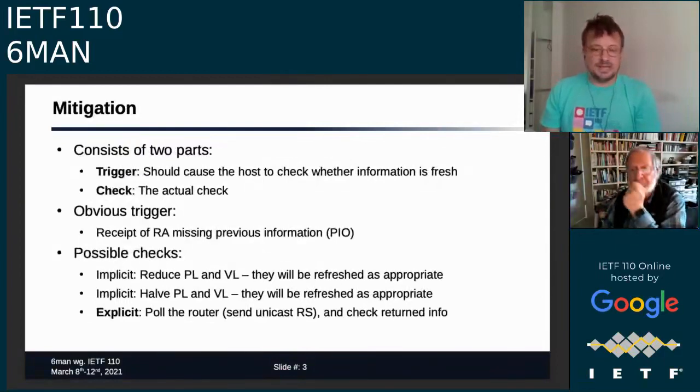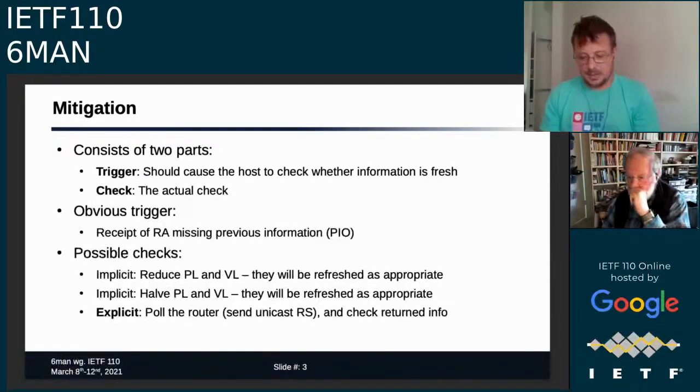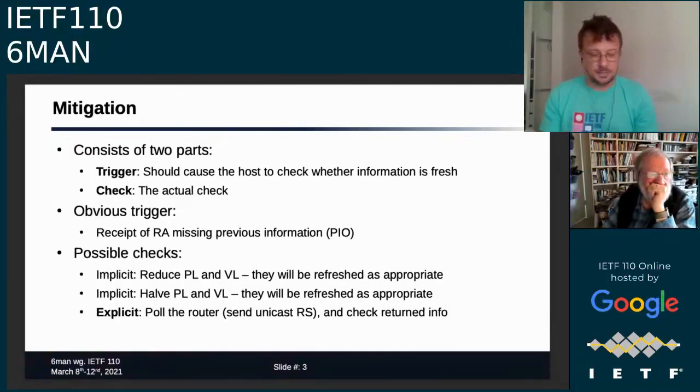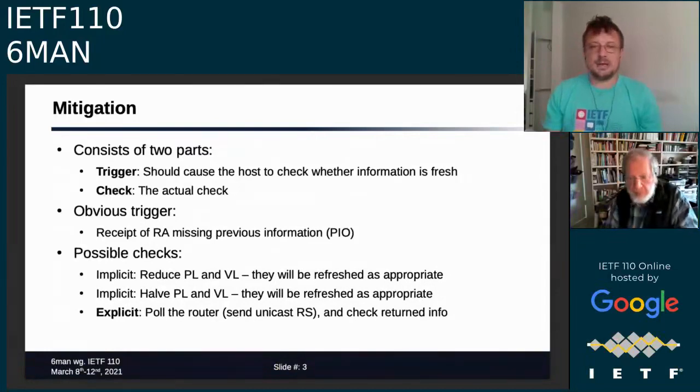So essentially, the individual version had a proposed mechanism, and that mechanism received quite a bit of discussion, and not everyone was happy with it. So one thing that we did since then is first of all take a step back and think about how these mitigations should work. Essentially, we can say that the mitigation for getting rid of stale information has two parts.